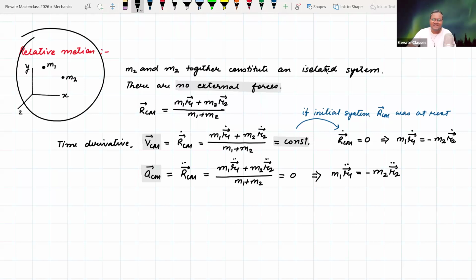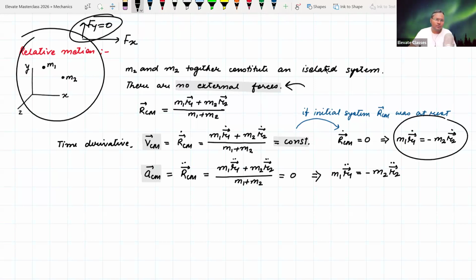Okay, that's it. And what I'm telling you depends not only on having no external forces, but also on no external force along a specific direction. So for example, it may be possible that there is a force along the x-axis, but there is no force along the y-axis. So in such a situation, these conclusions are going to be valid for the y coordinate. They will be valid for the y coordinate, not for the x coordinate.